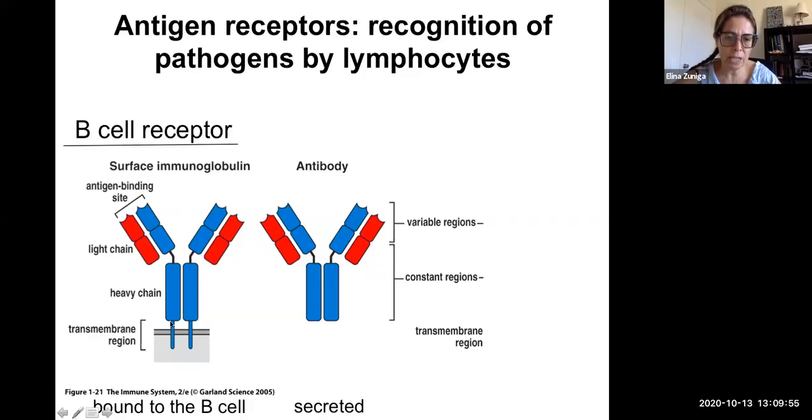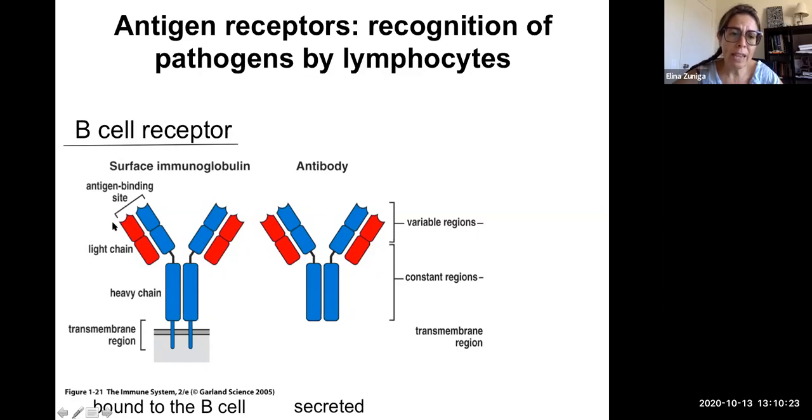The heavy chain has a transmembrane domain in the B cell receptor, so this would be the membrane of the B cell, the plasma membrane of the B cell. The BCR will have a transmembrane domain that is part of the heavy chain, okay? So it will have two heavy chains and two light chains.